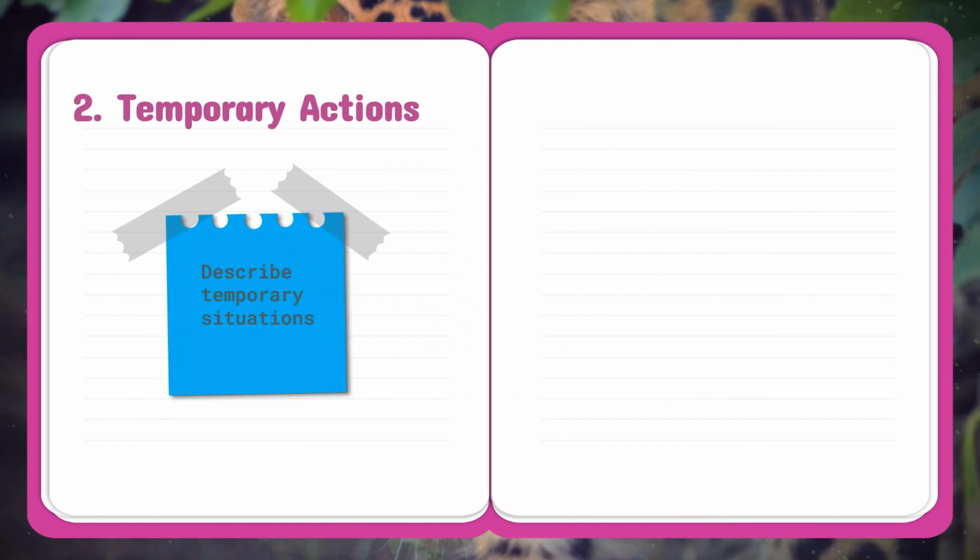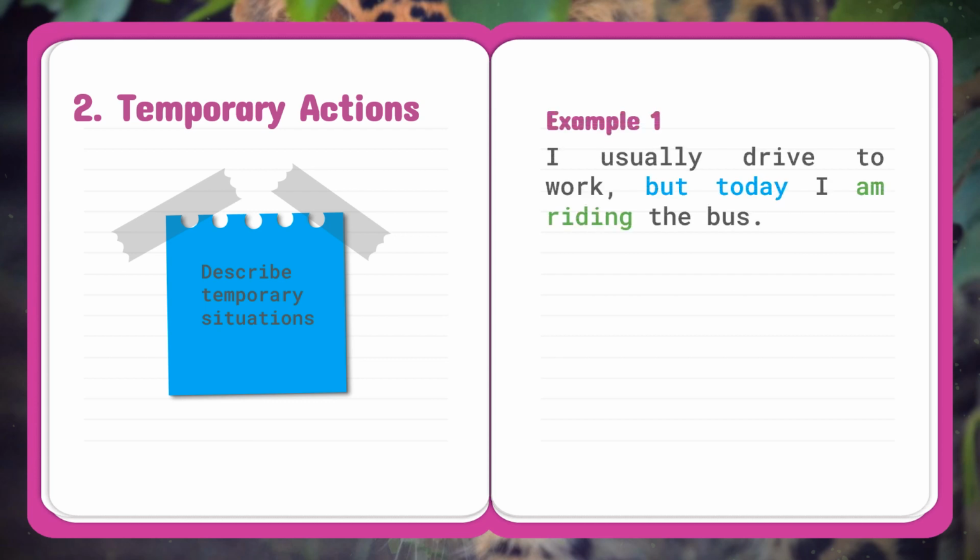Here are some examples of how we can use the present continuous for temporary actions. Let's start with the first example. Would you please read it? I usually drive to work, but today I am riding the bus. Okay, very good. Normally you drive to work, but today there's a problem, so this is why you are riding the bus.